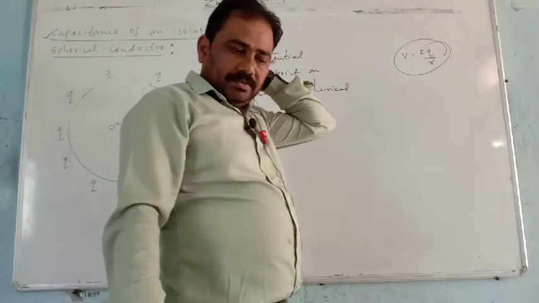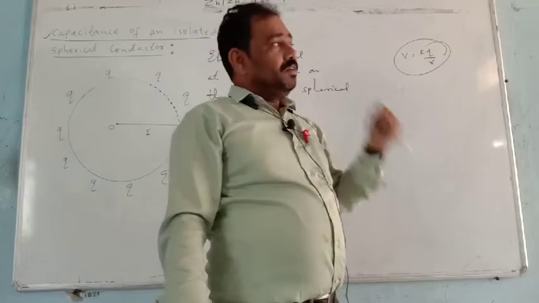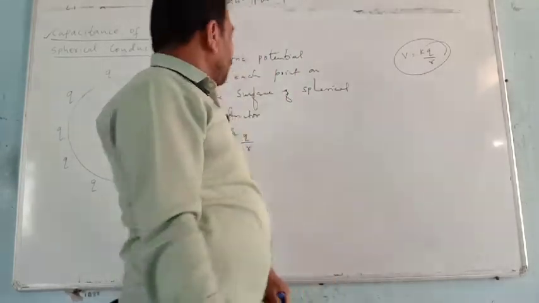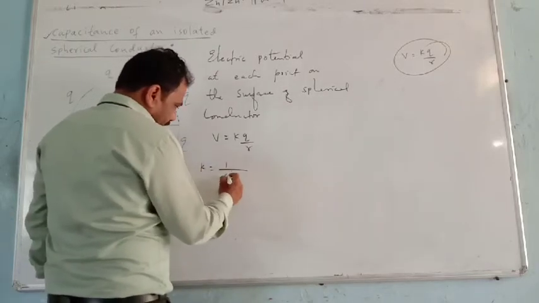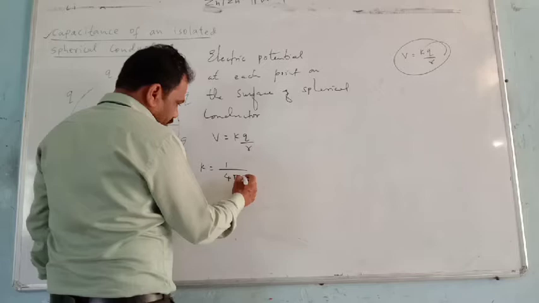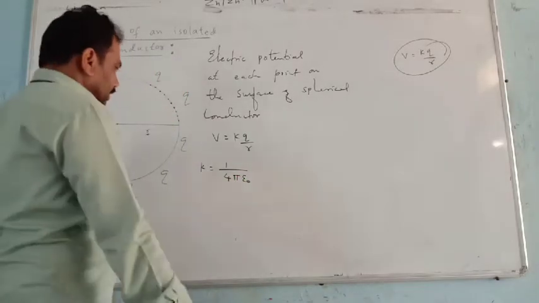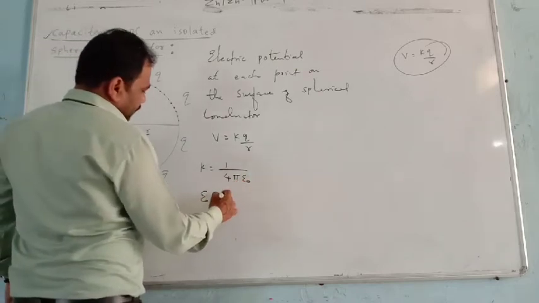In our first article we have seen the electrostatic constant, that is K, and we have also seen its constant value. So here K has a constant value and it is 1 upon 4 pi epsilon naught. So this one is the constant value. Here epsilon naught stands for what? Permittivity of free space.